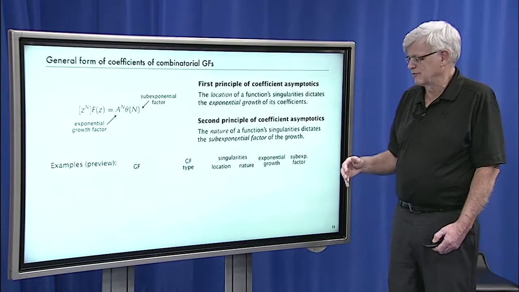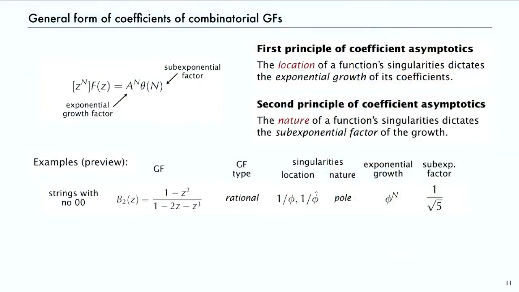So just as a preview, and again, I haven't defined what the singularities are, it's worth showing how things distinguish themselves. For example, the generating function that counts all the strings with no 0 0 is that function there. We saw that in the first lecture. That's called a rational function, and the first thing we're going to look at is rational functions. Its singularities are called poles.